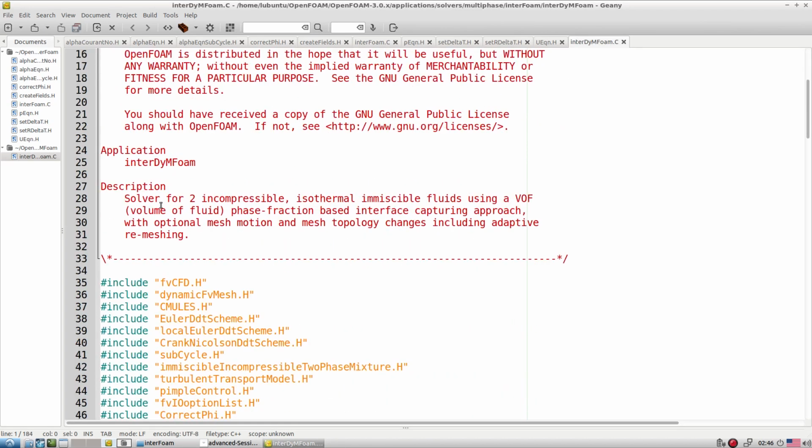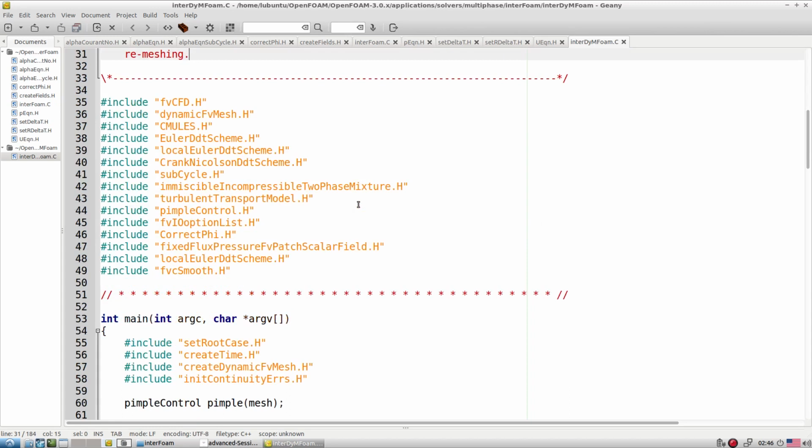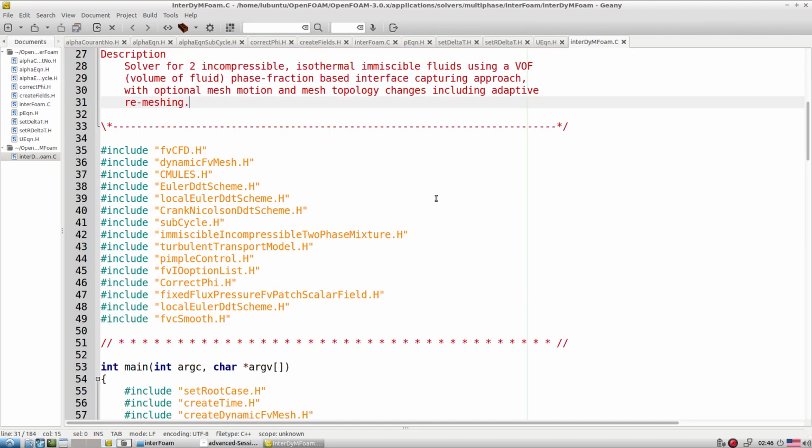Here it is still the solver for two incompressible, isothermal, immiscible fluids using a VOF, phase-fraction based interface capturing approach, but the idea is that we have an option for mesh motion and mesh topology change. That is the possibility. Everything is the same as far as interFoam and dynamic interFoam are concerned. The only thing is that in dynamic interFoam the mesh motion class of features is activated.